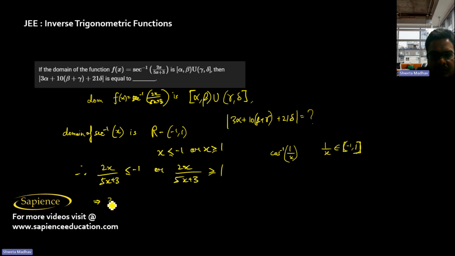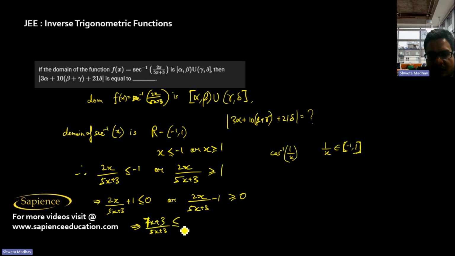If we solve this, we get 2x by 5x plus 3 plus 1 less than or equal to 0, or 2x by 5x plus 3 minus 1 greater than or equal to 0. Therefore, 2x plus 5x plus 3, that is 7x plus 3 by 5x plus 3, is less than or equal to 0, or 2x minus 5x minus 3, that is minus 3x minus 3 by 5x plus 3, is more than or equal to 0.